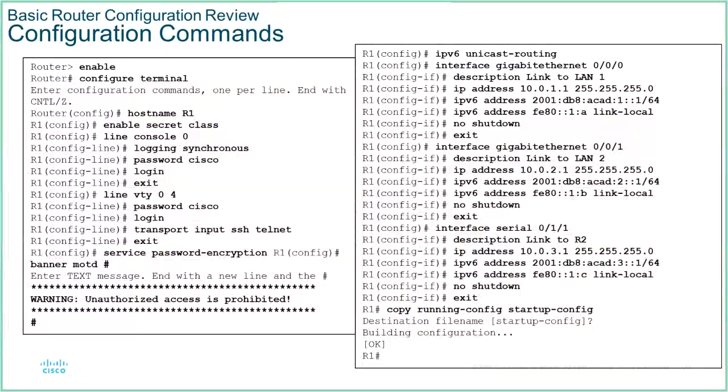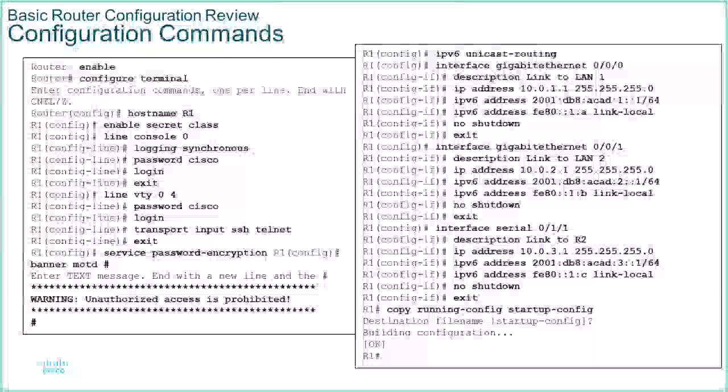Then we configure our lines, our line console with our password and the login, and the VTY lines with a password and login, and we specify how our remote connection is going to be handled. Preference, SSH, and then telnet.